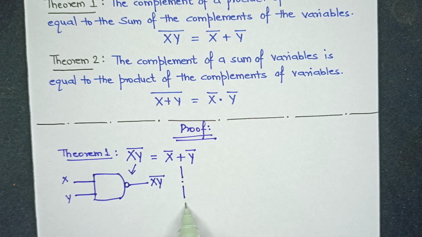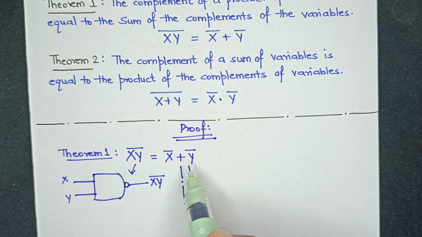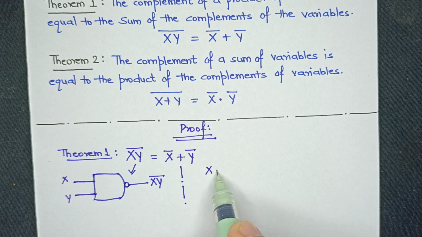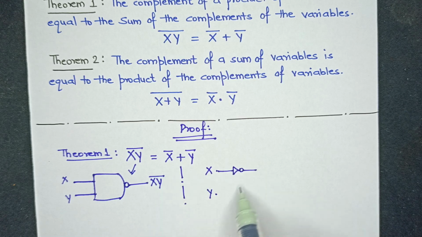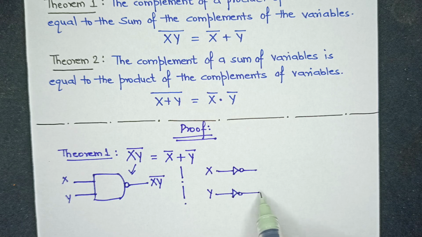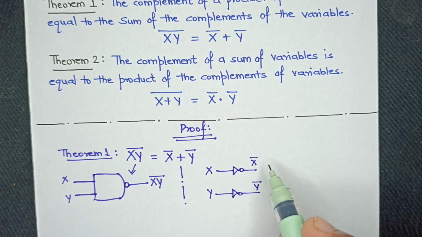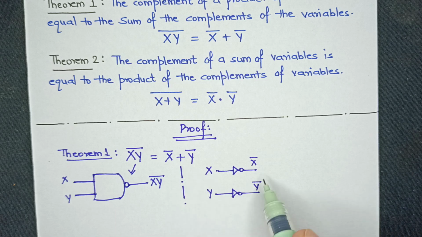Now let us see what happens in the right hand side. In the right hand side, we need x bar and y bar. So let us take an input x, let us take an input y, and since we need x bar, we first need an inverter gate. So let us apply an inverter gate onto this one. Now this gets converted into x bar and y bar. Now since we need an addition of these, the only gate available is the OR gate.